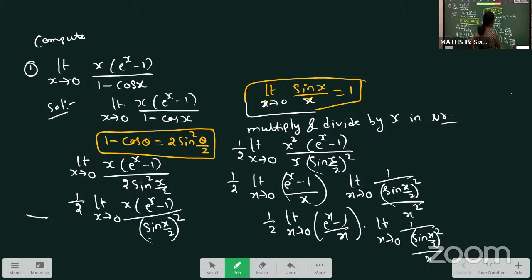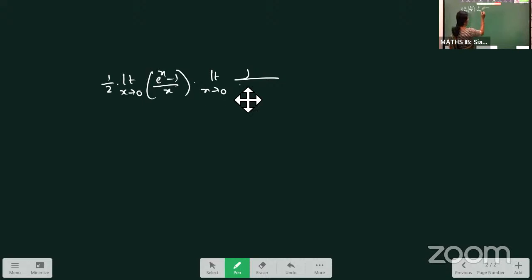So for that, what do you have to do? Multiply with 4 and divide with 4. 1 by 2, limit x tends to 0, e power x minus 1 by x into limit x tends to 0, 1 by, this is sin x by 2 whole square, and the denominator x square by 4 is x by 2 whole square.